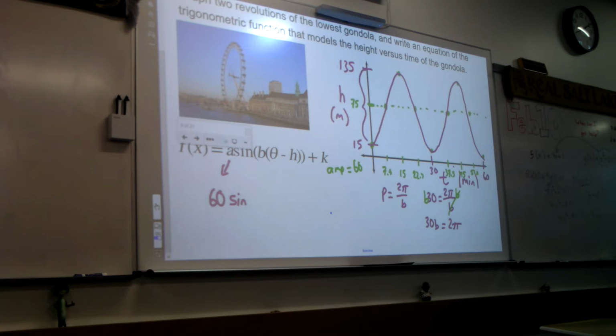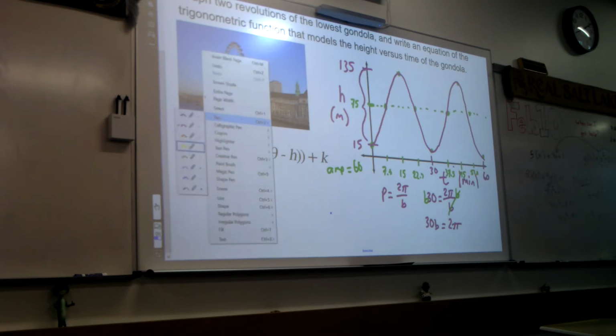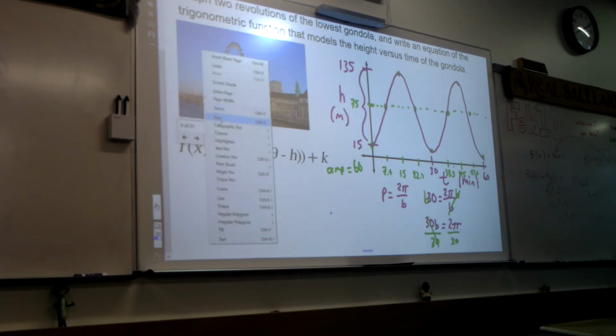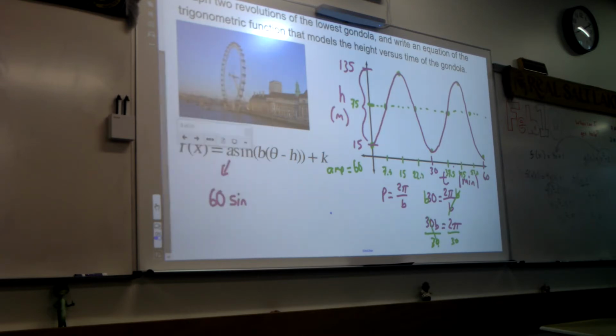What's my next step to solve for B? Divide by 30. So I get 2 pi over 30. Can I reduce that? So B is pi over 15. So we're going to have 60 sine, and B is pi over 15.